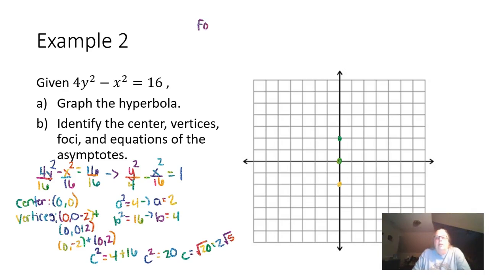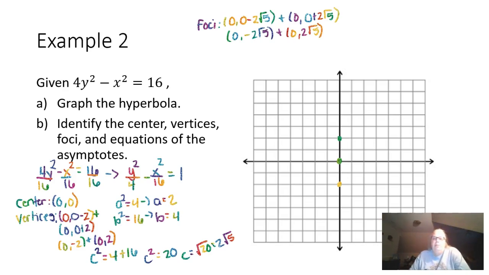Our foci will be located on the y-axis as well, and so we're going to keep the x-coordinate, and we are going to subtract c from the y-coordinate of the center. And then we're going to keep the x-coordinate, and we are going to add c to the y-coordinate from the center there. That makes our foci at 0, negative 2 square root 5, and at 0, positive 2 square root 5.